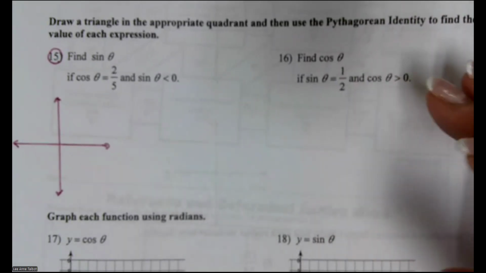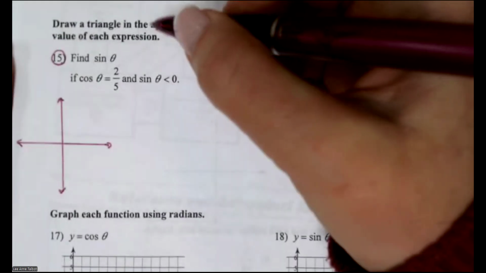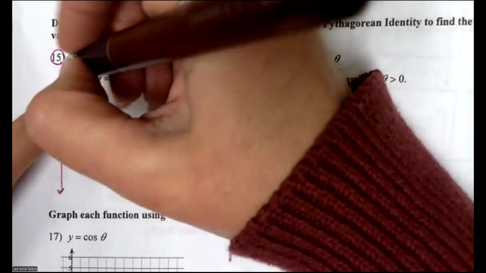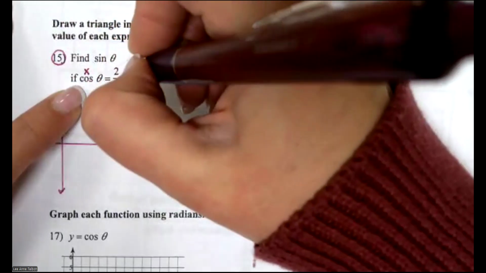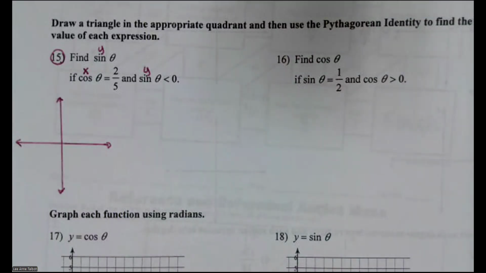Okay, first thing we need to do is find the quadrant, but because we're learning these for the first time, everywhere there's a cosine, I'm going to put an X, and everywhere there's a sine, I'm going to put a Y. I'm not going to do that forever, but we're learning it right now.